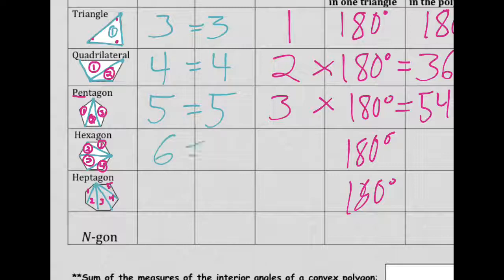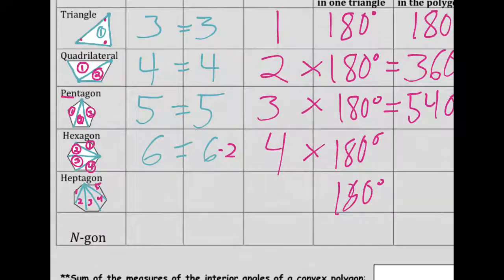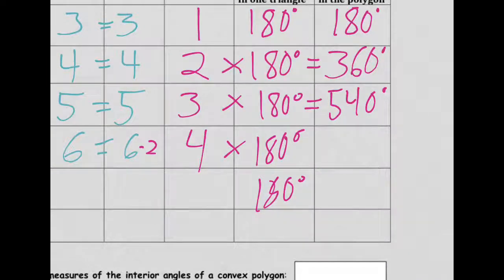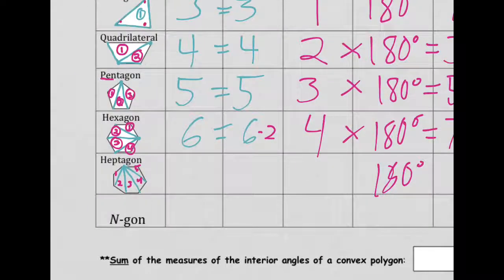Okay, hexagon here. 6 sides, 6 angles. How many triangles? Well, you just take that 6 minus 2, right, and you get 4 triangles. 4 times 180 is 720 degrees. And last but not least, we've got our heptagon.